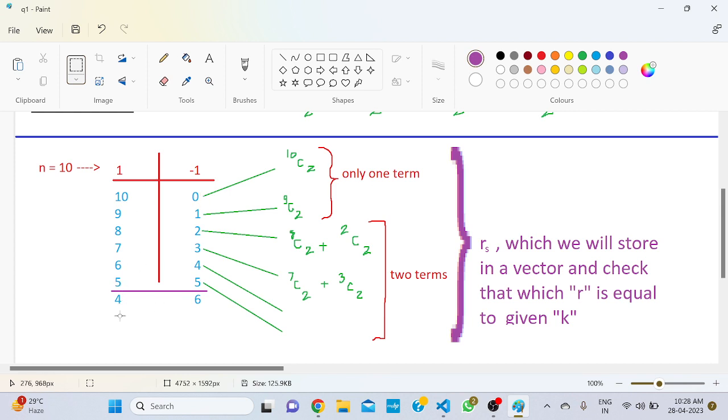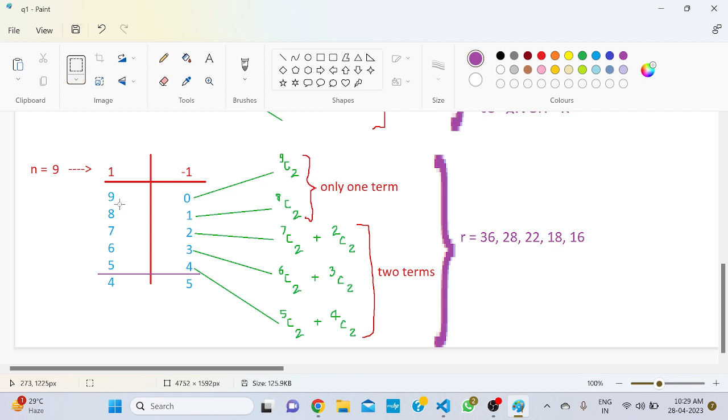But after this there are 4 ones and 6 minus ones, which is equivalent to 6 ones and 4 minus ones. So the result is 4C2 and 6C2 for this 4 and 6, which is similar to this one, 6C2 and 4C2. In this also, if we observe 5 and 4, then the result is 5C2 plus 4C2, which is equivalent to this result, 5C2 and 4C2.